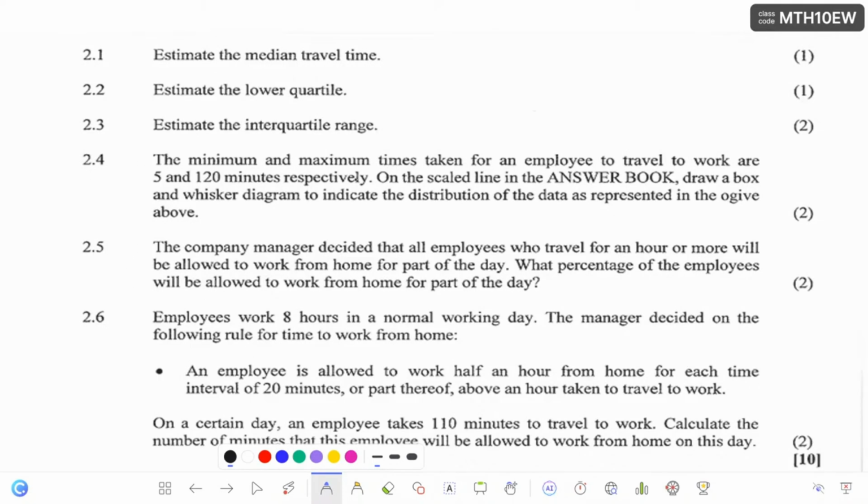So okay, 2.4, they said the minimum and the maximum time taken for the employees to travel to work are 5 and 120 minutes, respectively. On the scaled line in the answer book, draw a box and whisker diagram to indicate the distribution of the data as represented in the ogive above.